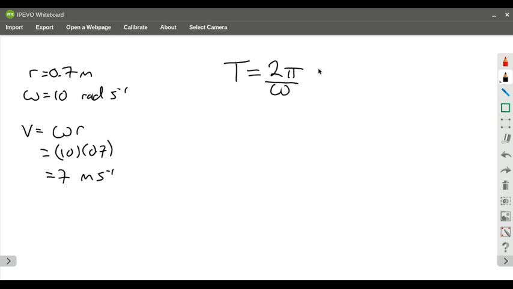So it's 2 pi over omega, which is 2 pi over 10, or pi over 5. So the length of time is 0.628 seconds.